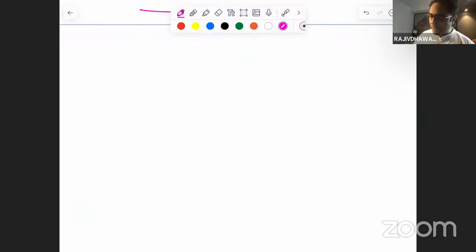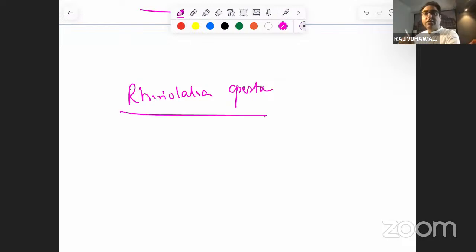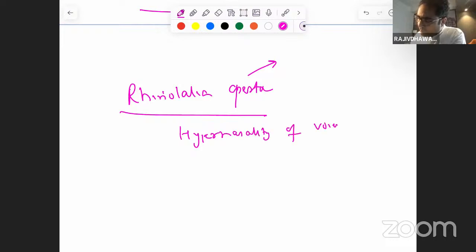Rhinolalia aperta. Rhinolalia aperta is the reverse of rhinolalia clausa. Aperta means aperture, meaning hypernasality of voice. Clausa was hyponasality. This is hypernasality. This is typically seen in cleft palate.